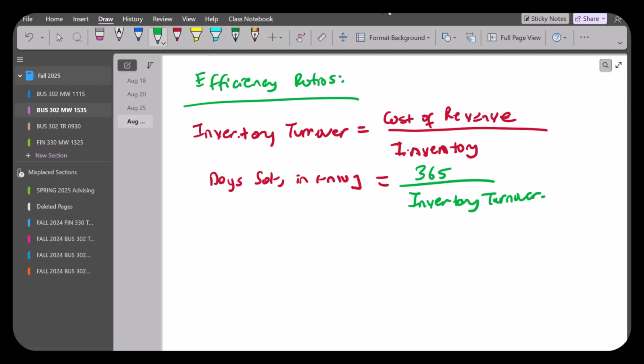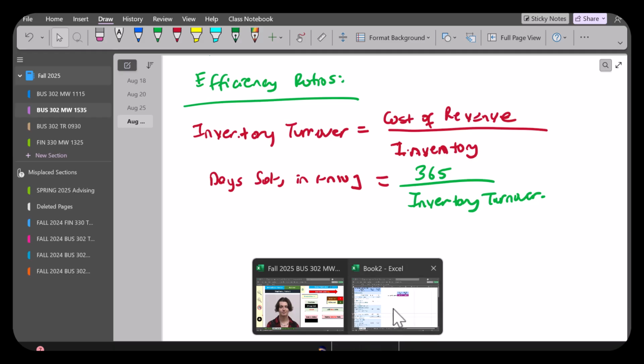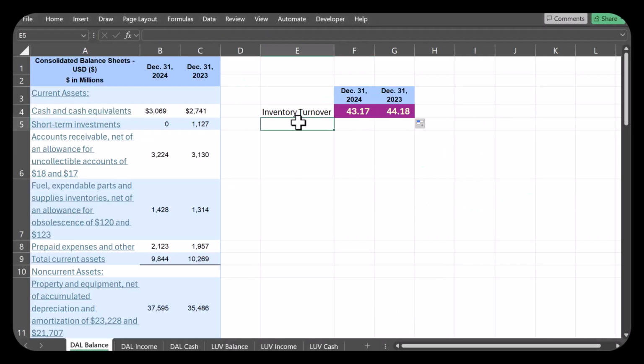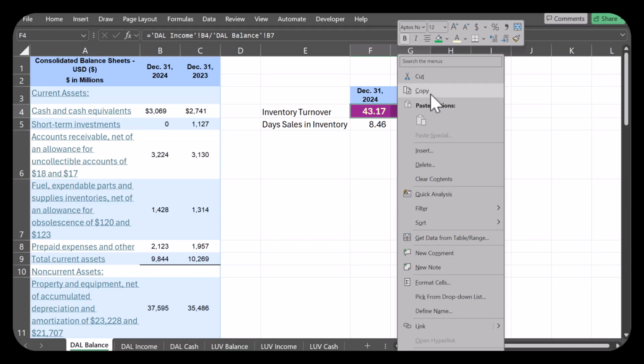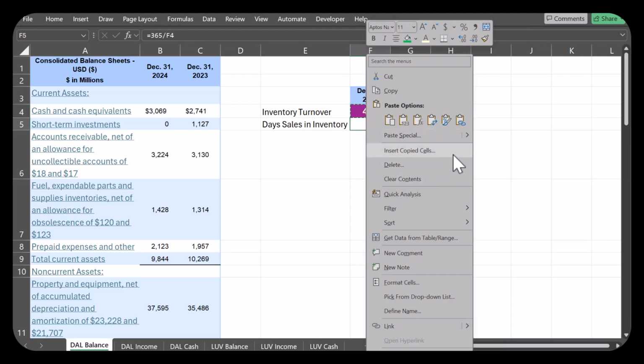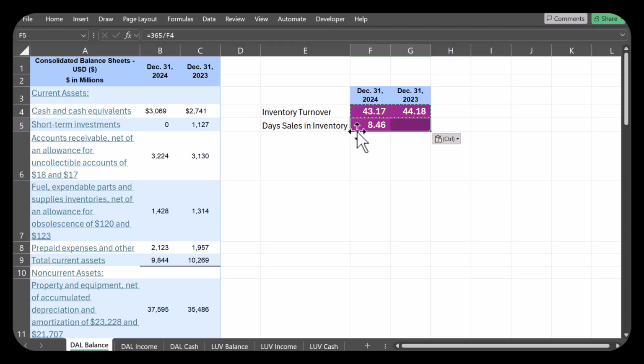So, assuming we were going to take this seriously, 365, that, I'm just going to give it a different color.